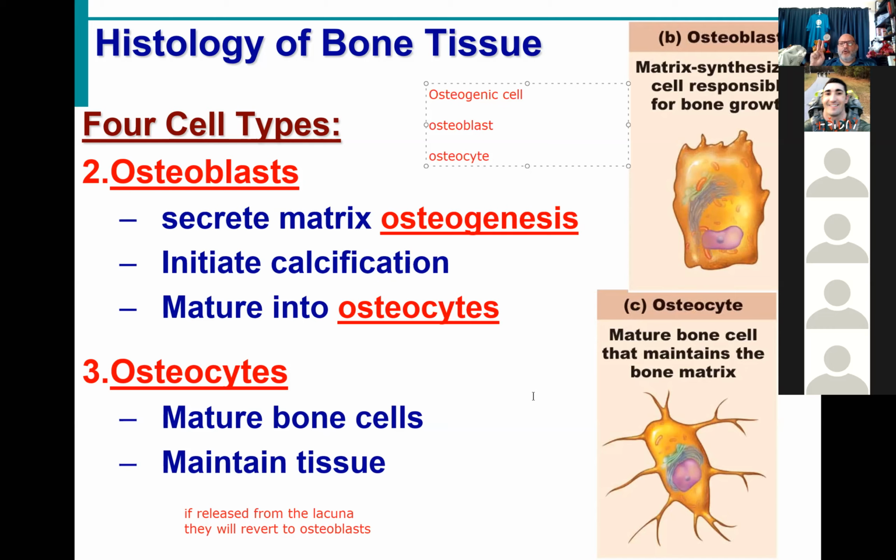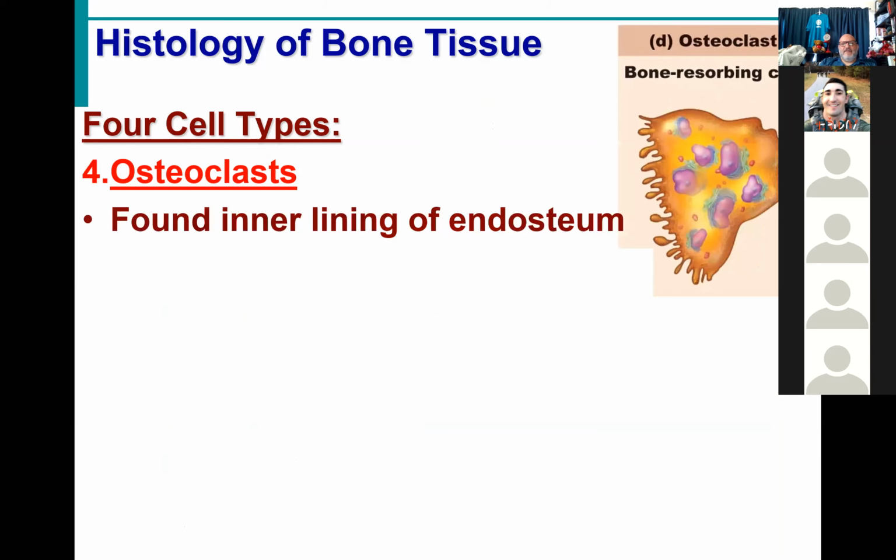Of course, we did say 4, and so we do have that 4th, and one of those things is definitely not like the others. So let's take a look at that 4th cell. The 4th cell type may be similar in name, osteoclast versus osteoblast, but it is a very different type of cell. This cell is actually closer to a white blood cell than it is to a bone cell.